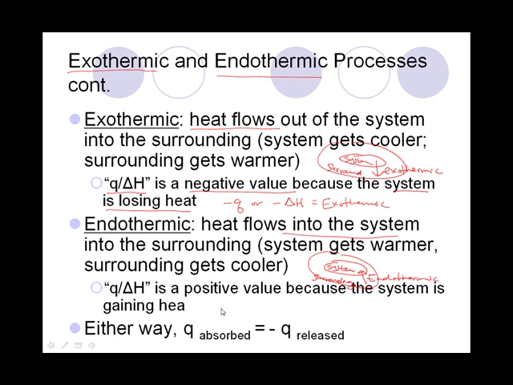And if you have a positive Q or a positive delta H value, you immediately know that the system is gaining the heat, and so it would be an endothermic process.